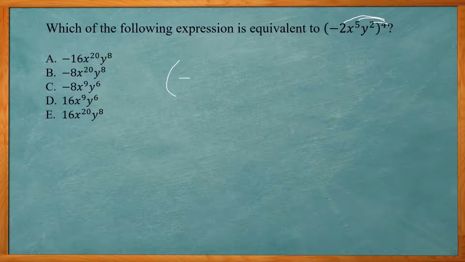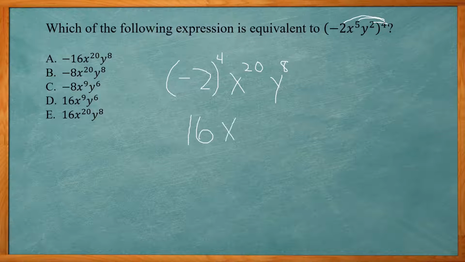So we'll have negative 2 raised to the fourth power, x, we do 5 times 4 to give us 20. For the y, 2 times 4 gives us 8. I can evaluate negative 2 to the fourth power. That's going to give us 16. So 16, x to the 20 power, y to the 8th power. So our answer would be letter E.